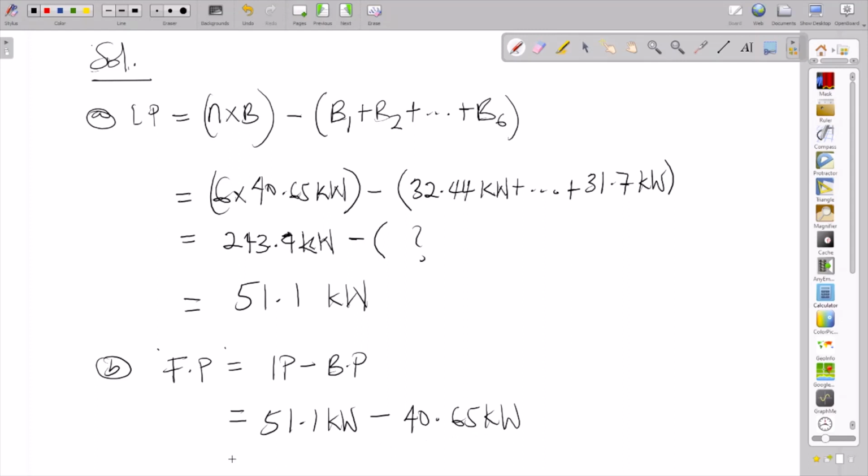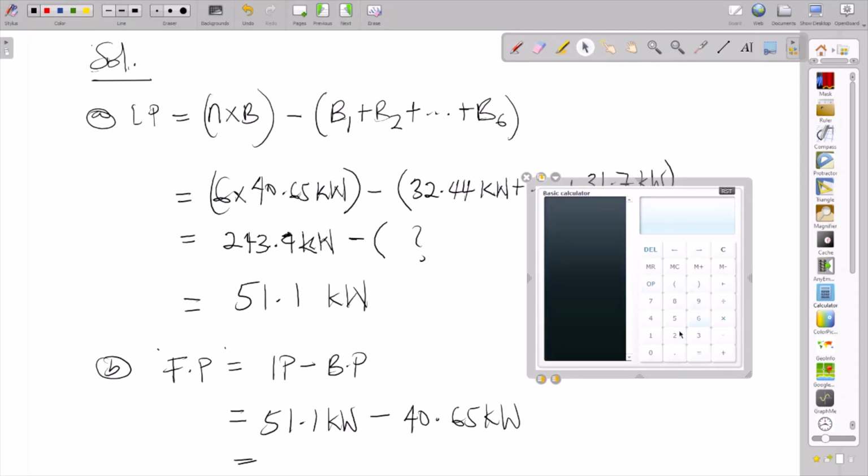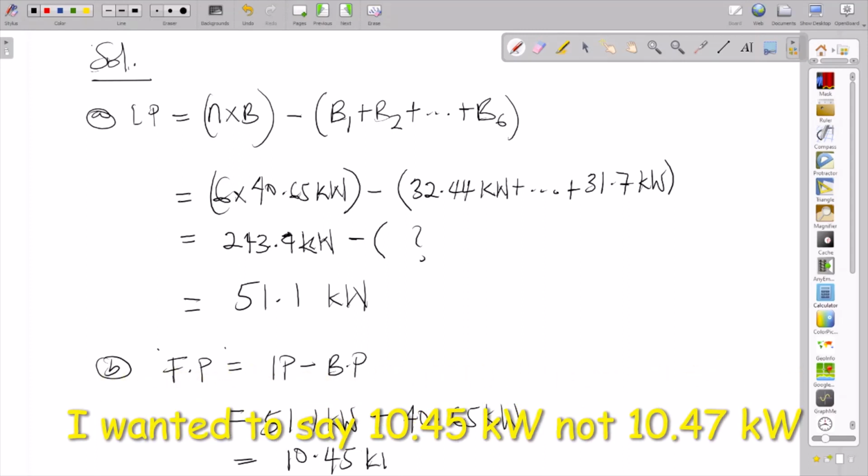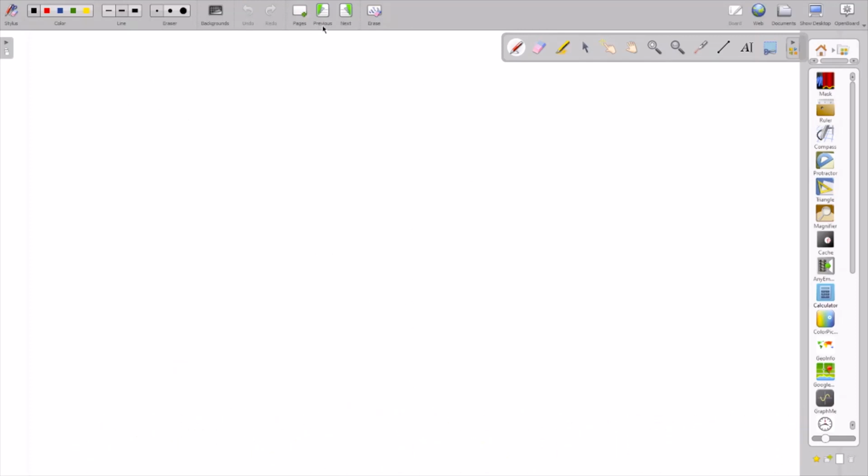So when we do this calculation, what will be our friction power? 51.1 kilowatts minus 40.65 is 10.47. So our friction power is 10.47 kilowatts.